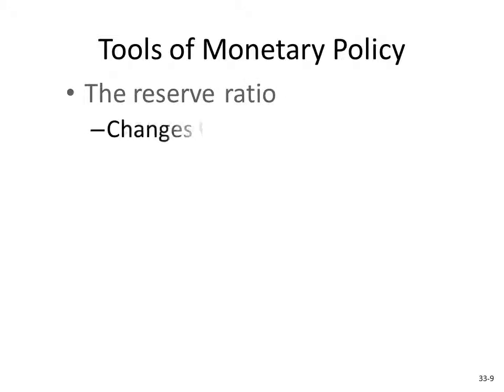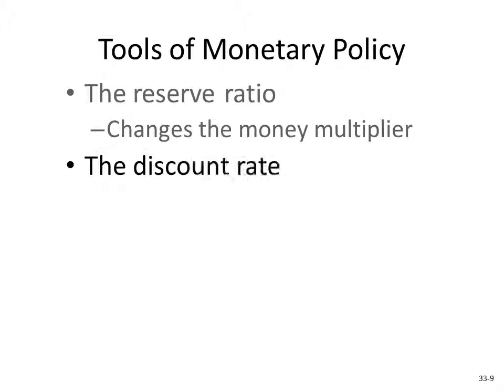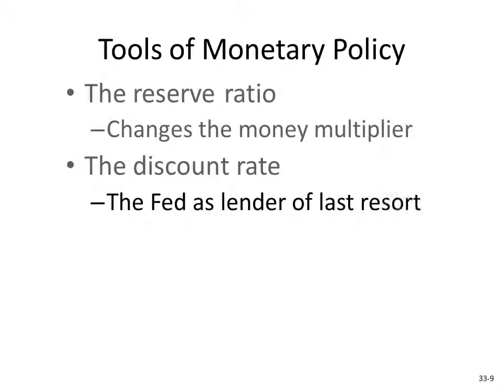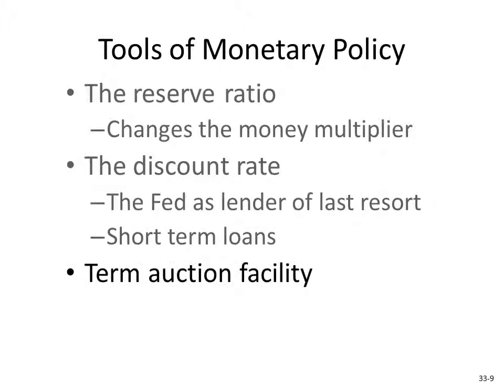All right, so real quick review here. The tools of monetary policy: open market operations, which is the buying and selling of bonds. The reserve ratio, which remember does change the size of the money multiplier. The discount rate, and the Fed is the lender of last resort, creating short-term loans for banks who are short on required reserves.